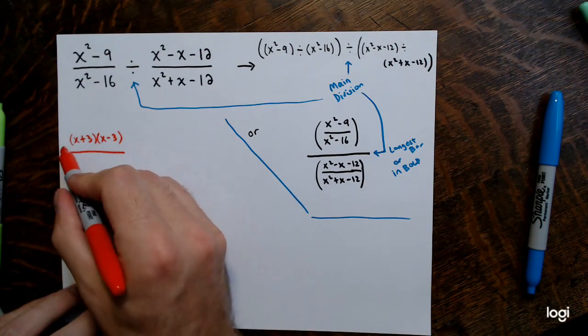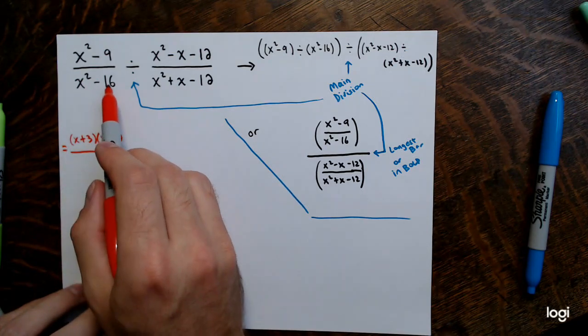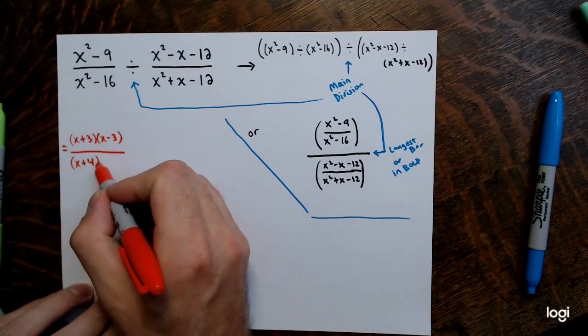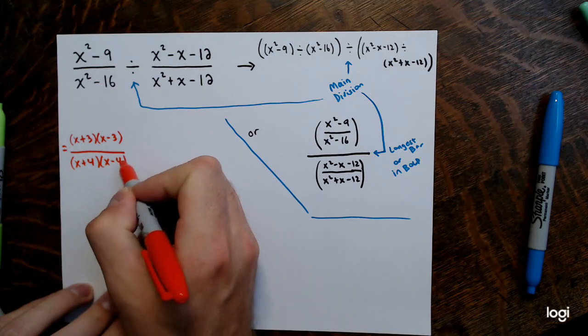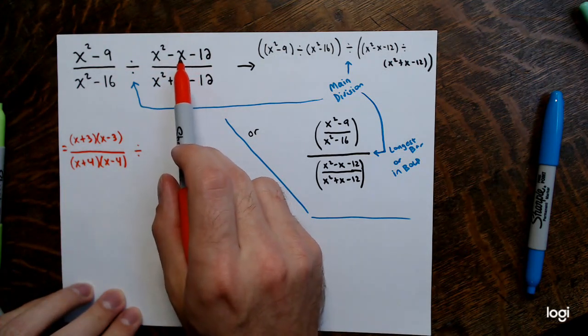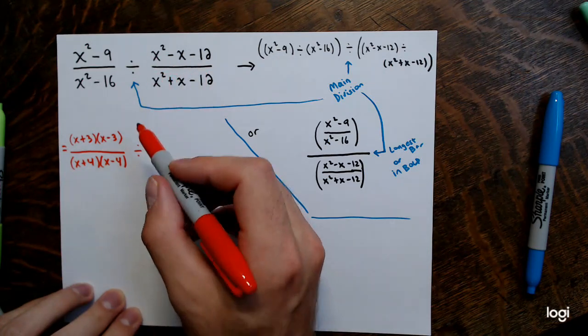The denominator, x squared minus 16, another difference of squares, factors to x plus 4 times x minus 4.